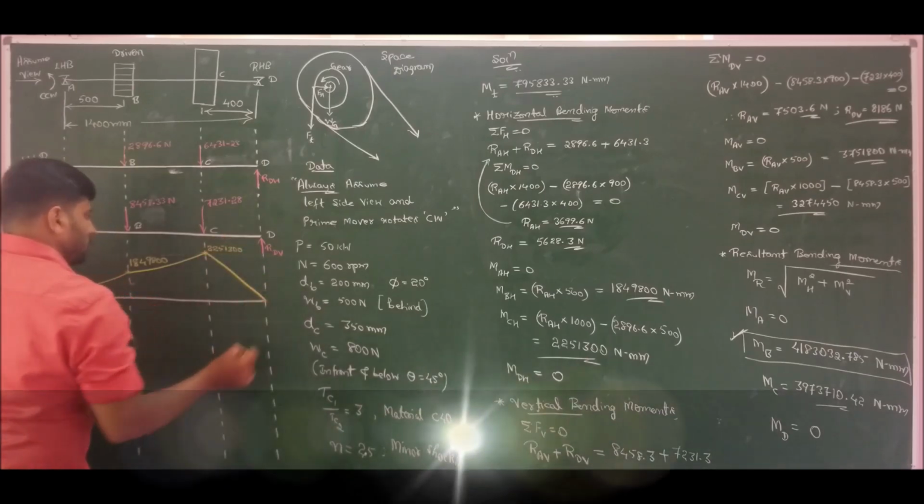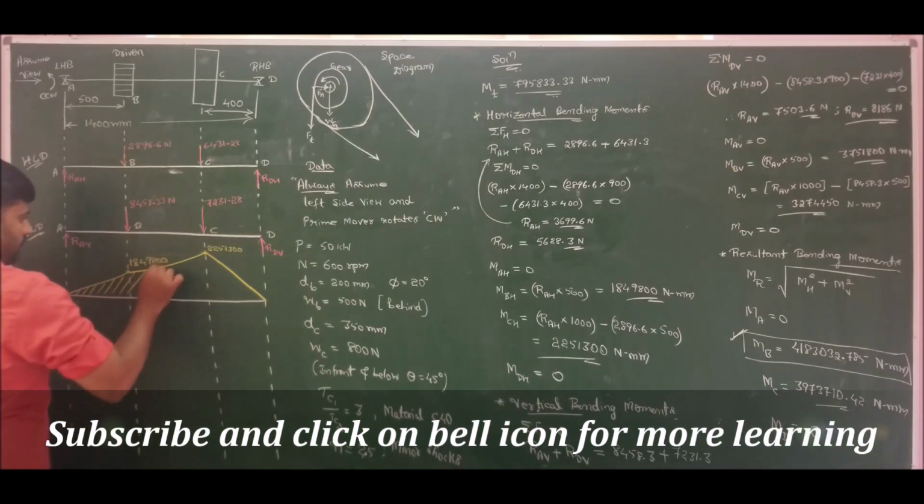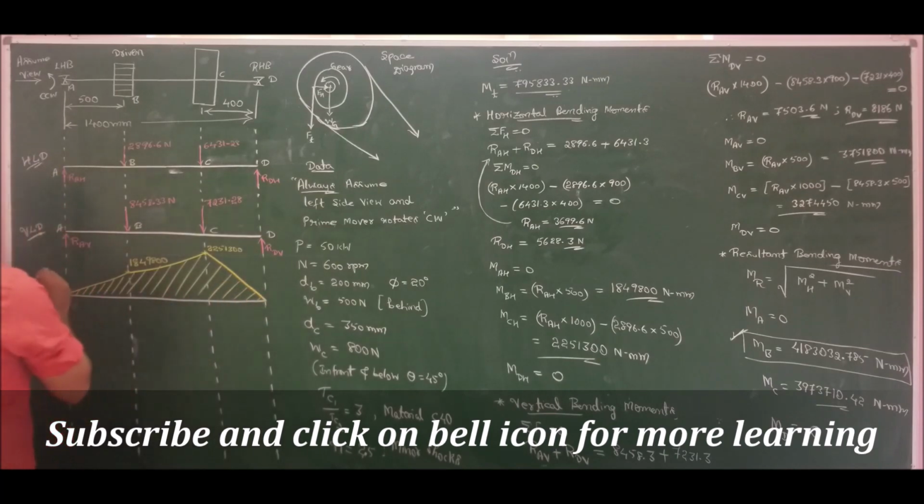Then we move to 0. So this is the horizontal bending moment diagram.